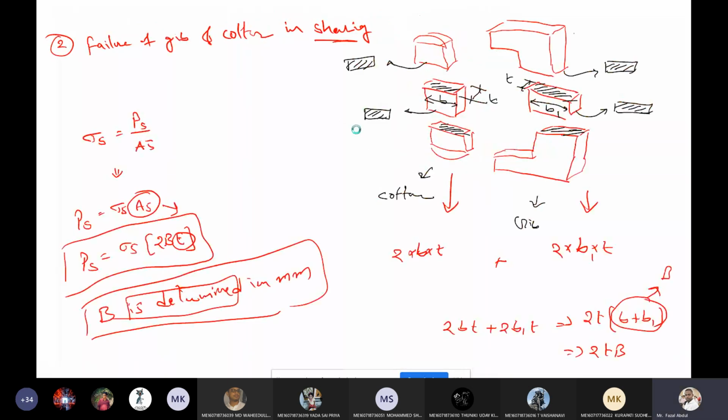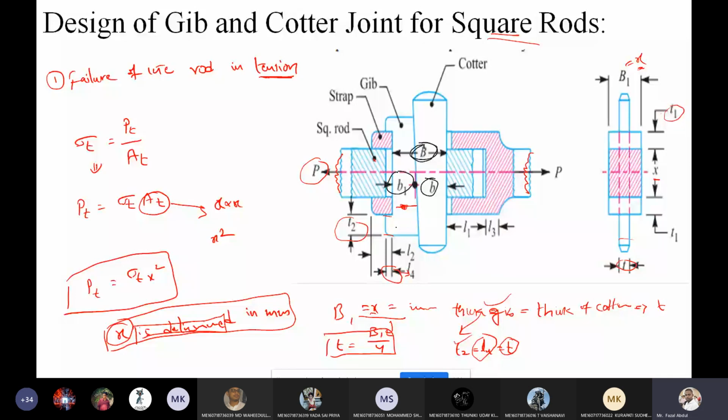Just see in this figure. The strap thickness is T1. Where is the T1? Here it is showing. The total width of the strap is B1, and this is T1. And the middle portion is X, that is this one, the end square of the rod.